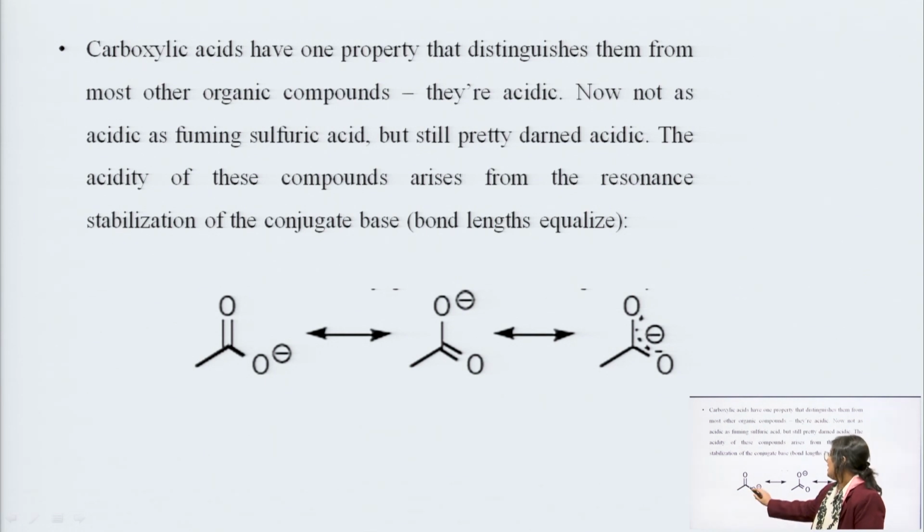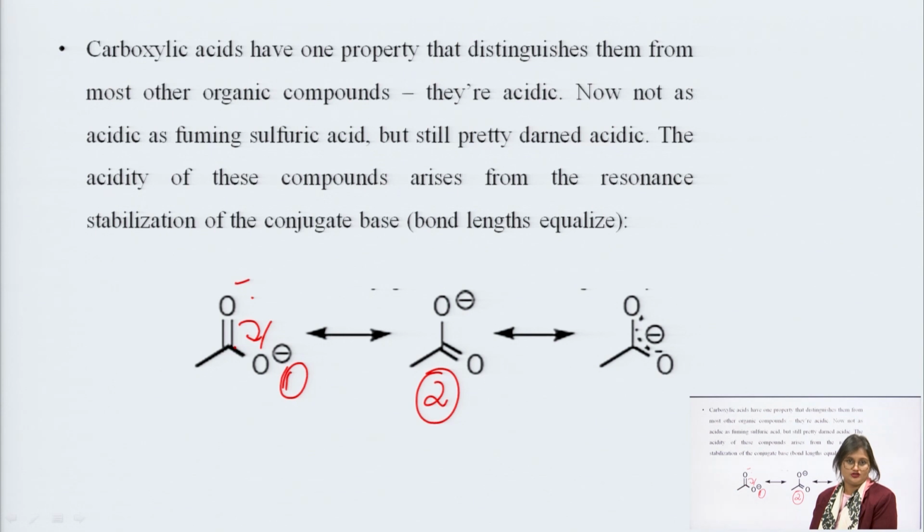In R C double bond O minus, the double bond shifts and the negative charge shifts, forming the second resonance stabilized structure. This is the first resonance stabilized structure, and this is the second.